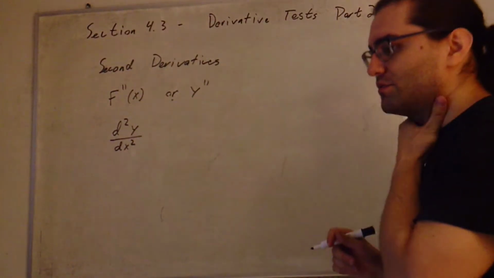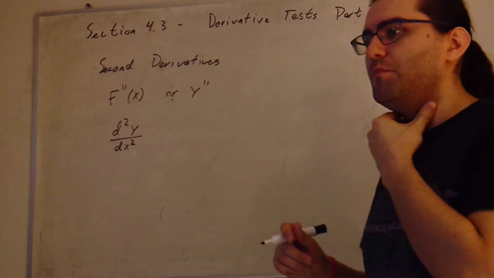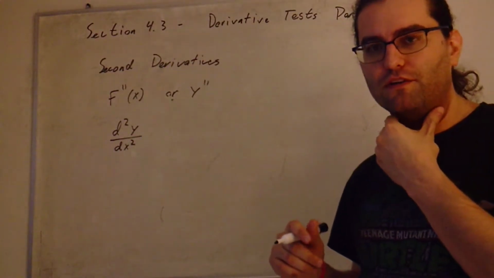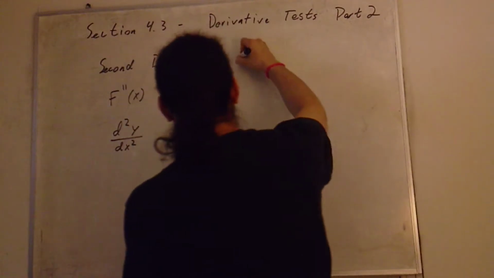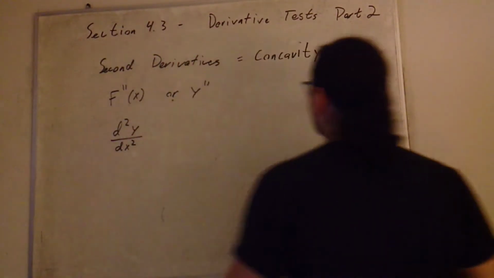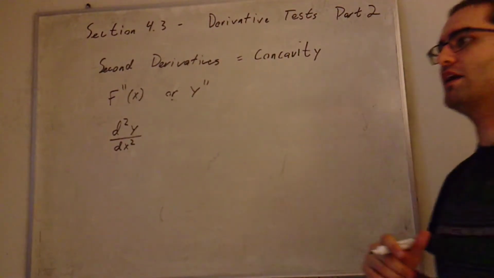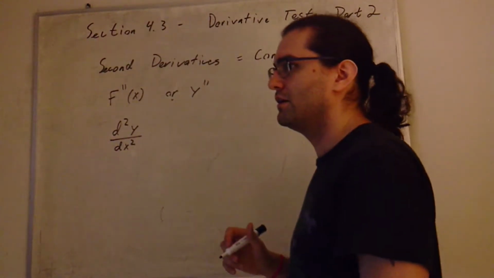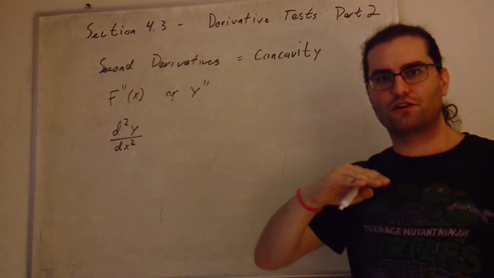A second derivative measures something about a function that is called concavity. Concavity is about how the function curves.